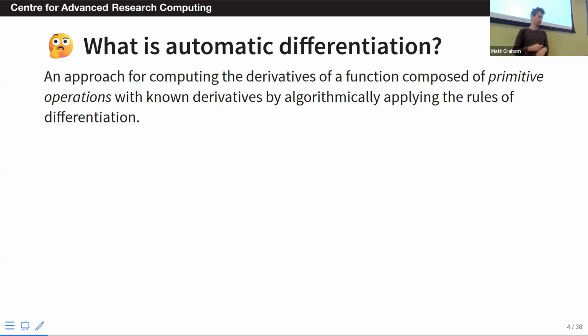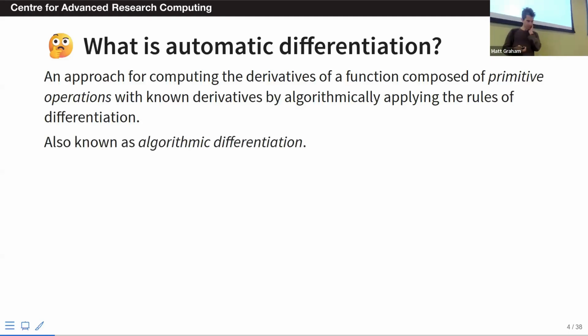Basically the chain rule, the rules of differentiation, give us the recipe for, given a function composed of some basic set, how to take the derivatives of each of those primitives and propagate derivatives through the whole function. And autodiff is a way of doing this in an algorithmic fashion so that we aren't having to do it by hand.